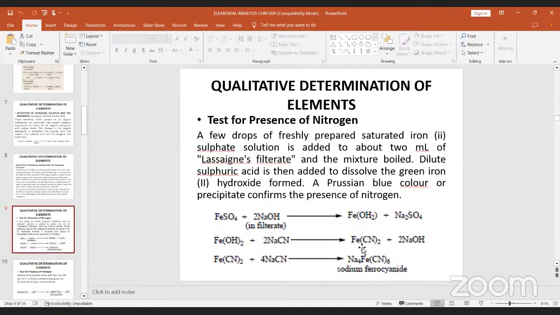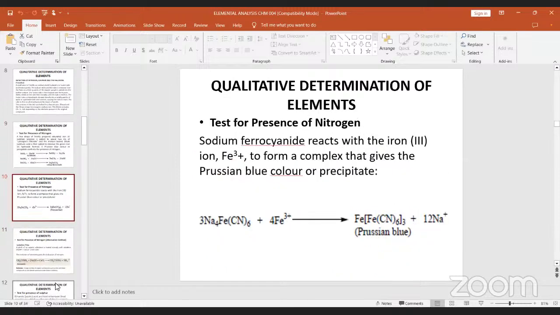And that eventually will give you the sodium ferrocyanide. The sodium ferrocyanide will now give an indication of the nitrogen that you have in the compound.